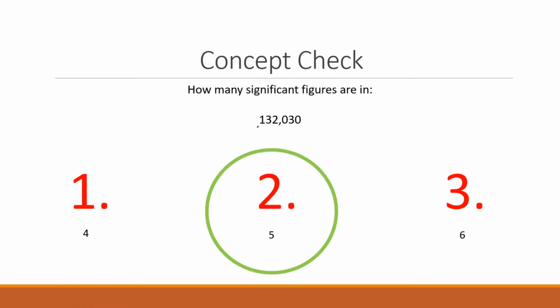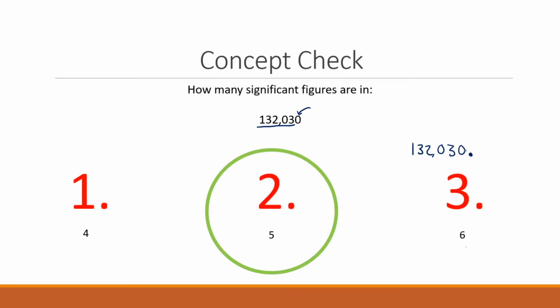Right? Only these 5 are significant. This singles spot is an estimate, or it's a rounding, or it's something we don't have enough data to actually say accurately. Right? If it was 132030 decimal point, it would have 6 significant figures because this 0 would be a piece of the measurement.